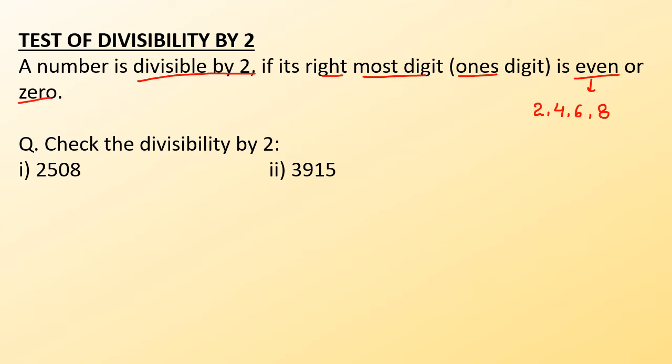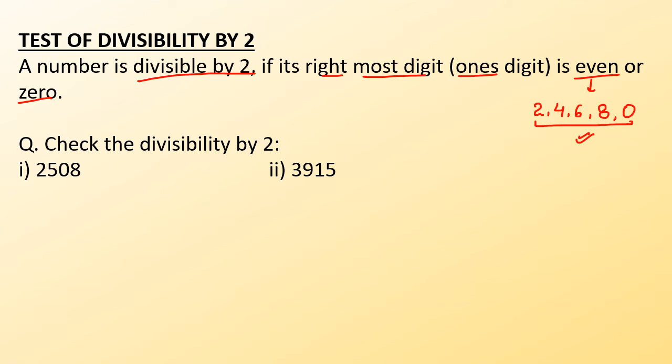So if at the ones place there is 2 or 4 or 6 or 8 or 0 in any number, then that number is divisible by 2. So let us check the divisibility by 2 in the given numbers.